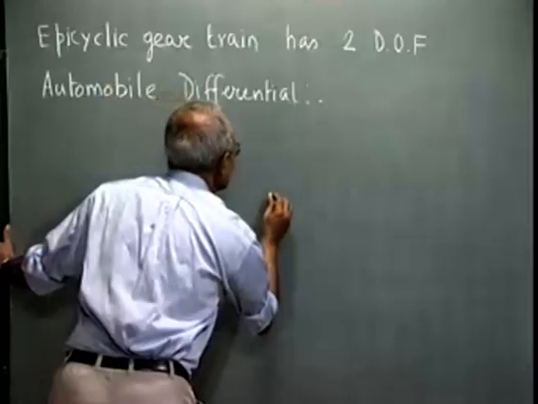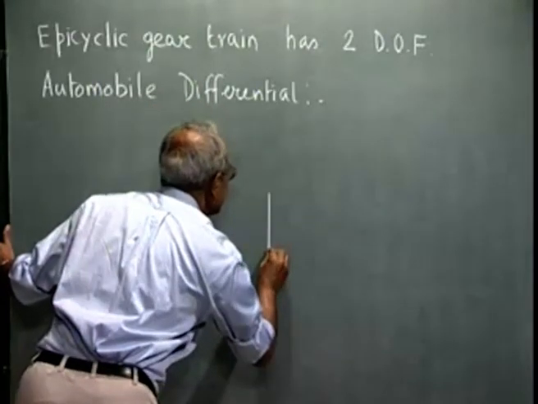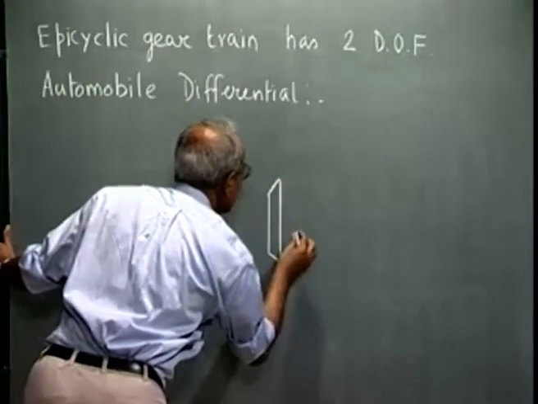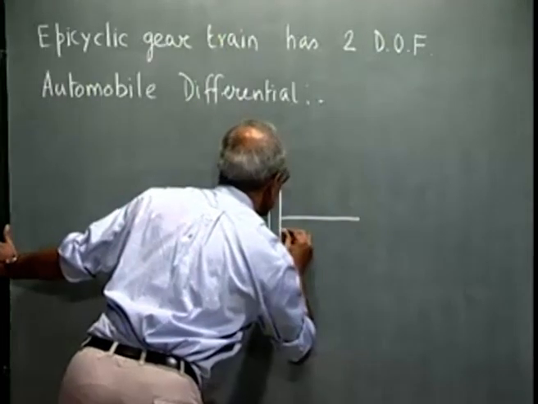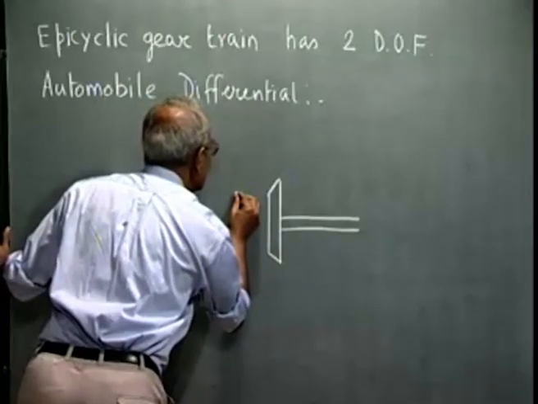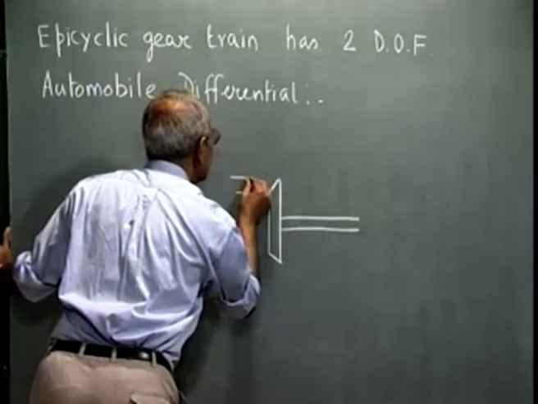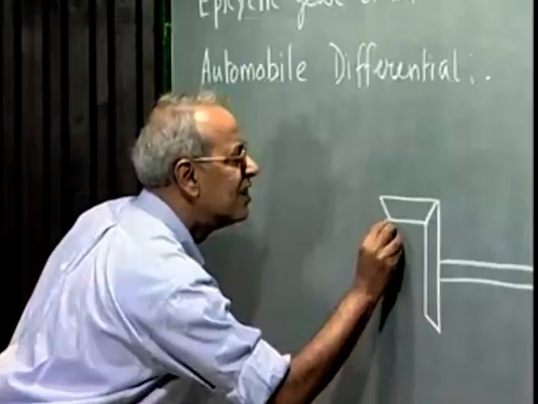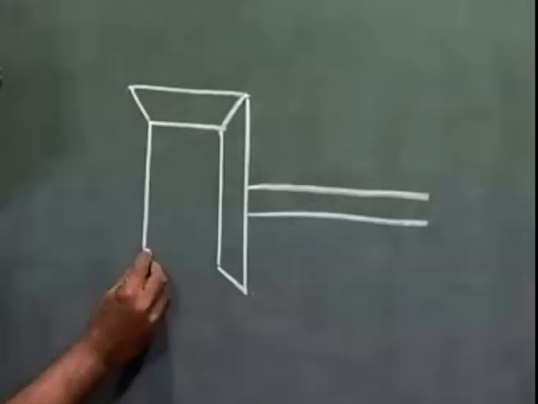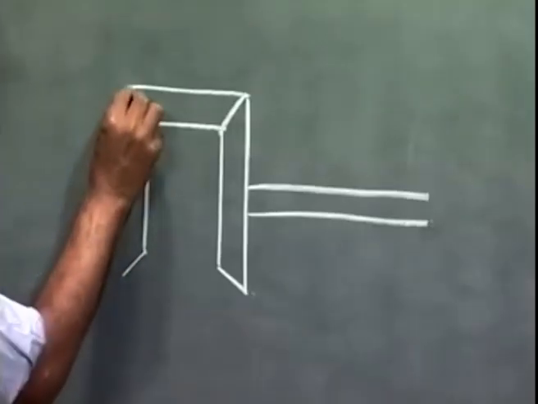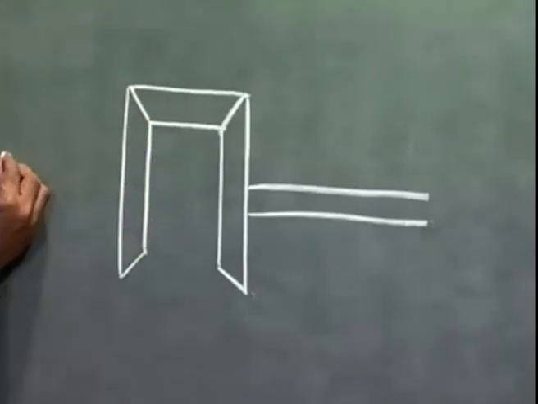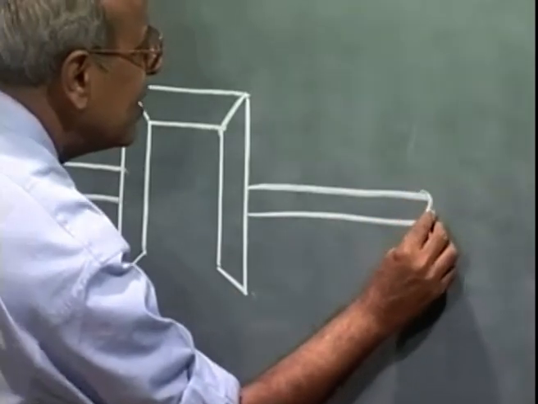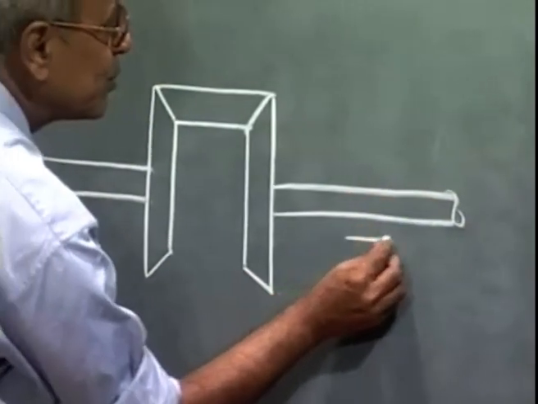Let me draw the differential sketch. These are the 2 shafts to the wheels.